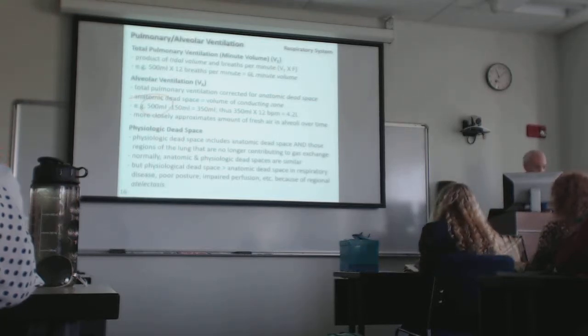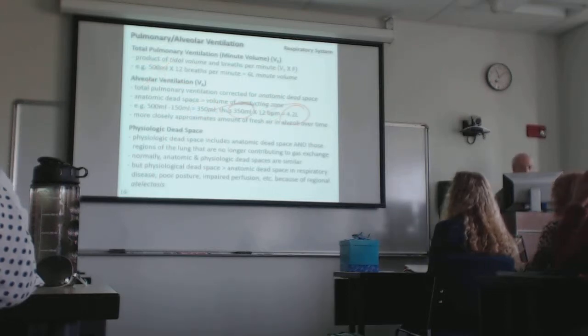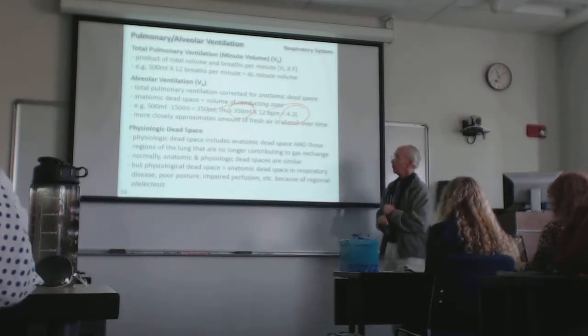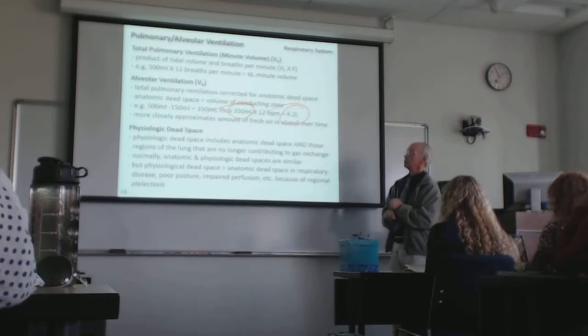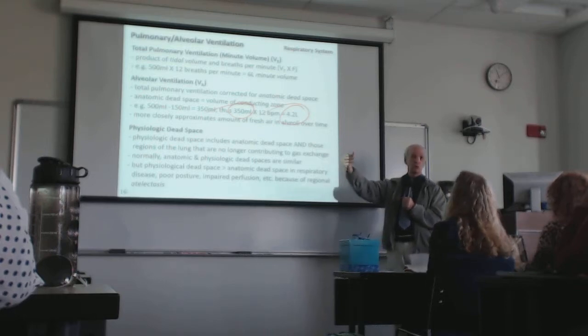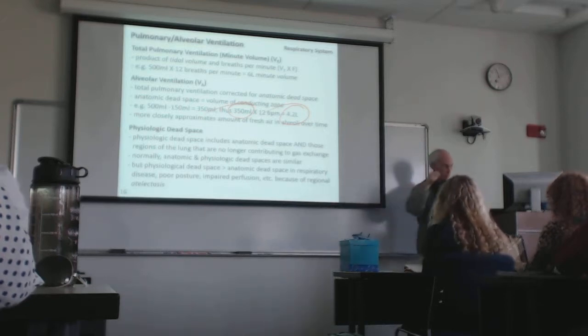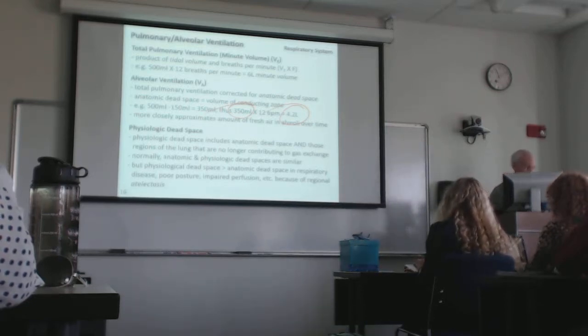And the volume of the conducting zone is about 150 mils. Well, then that's going to leave us with about 350 mils. So instead of multiplying the number of breaths per minute times 500, you would multiply it times 350. And so that would give you about 4.2 liters of air exchange. So alveolar ventilation is simply a more useful construct physiologically because remember, the conducting zone does not contribute to gas exchange. So in alveolar ventilation, we're only including that component of the respiratory anatomy that contributes to gas exchange.